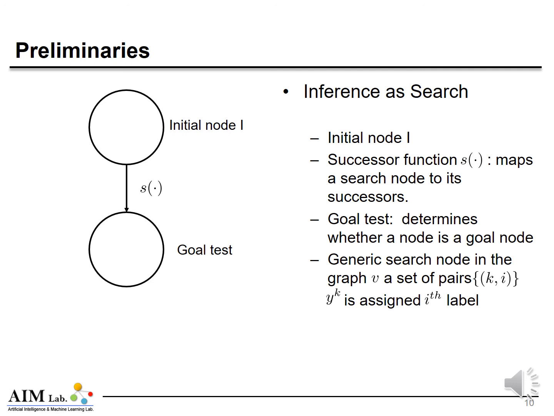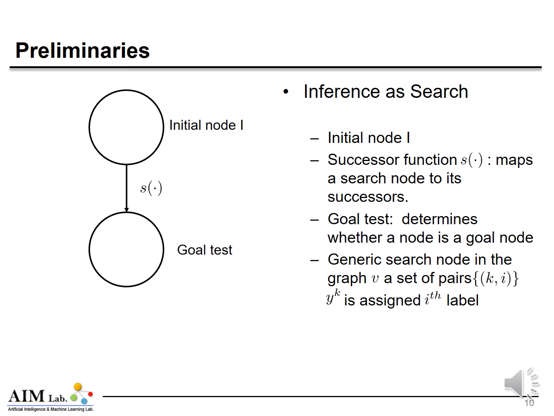We will denote a generic search node in the graph as V, which corresponds to a set of partially assigned categorical variables. Specifically, we will define the search node V as a set of pairs (k, i), each element of which specifies that the variable yk is assigned the ith label.